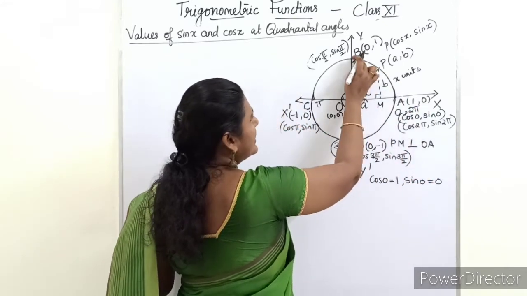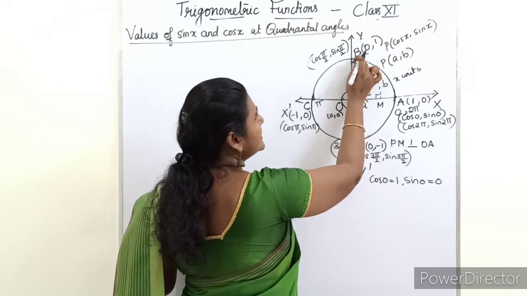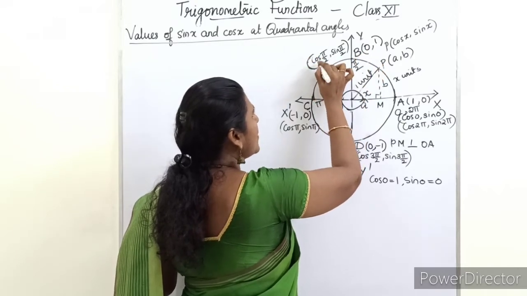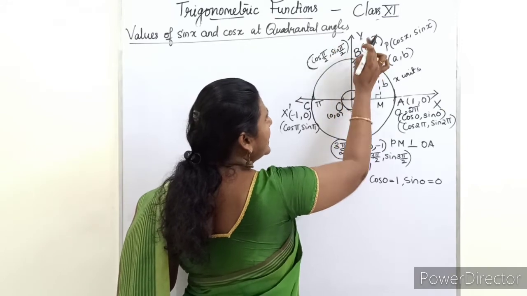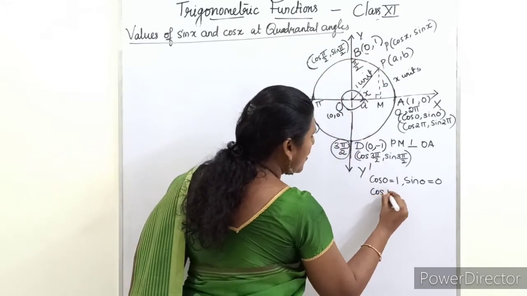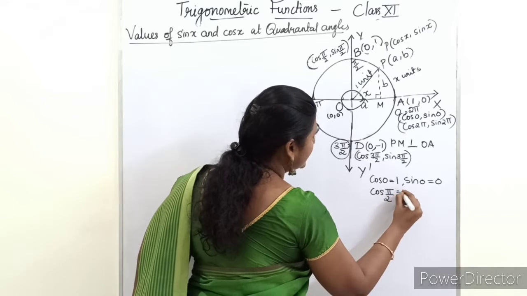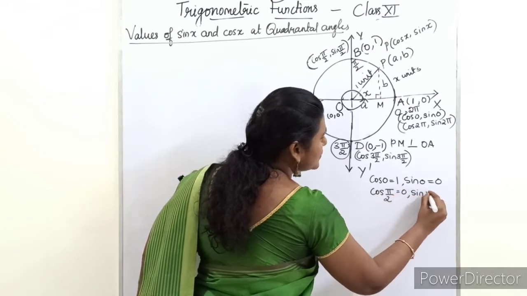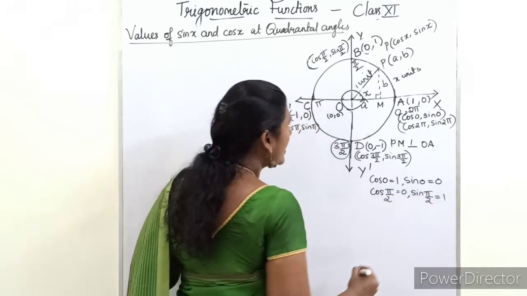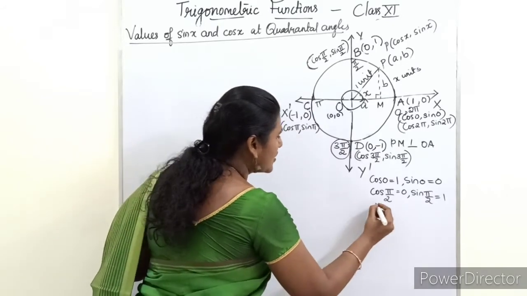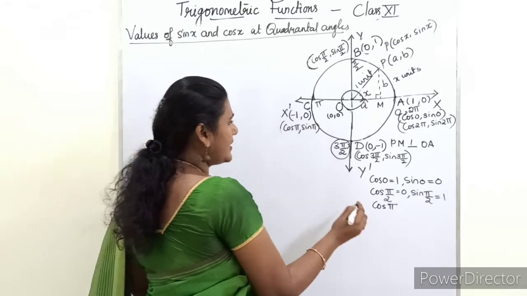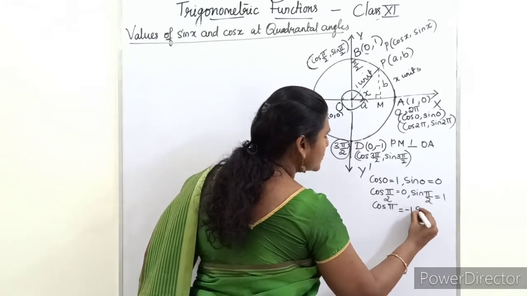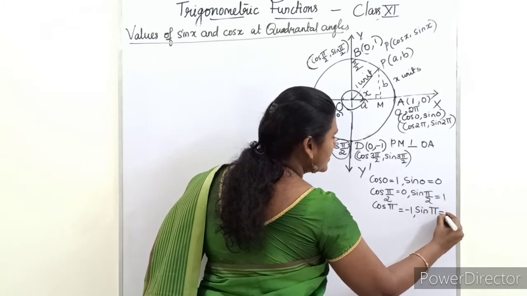Now we will move on to the next point B. At this point the coordinate is cos pi by 2, sin pi by 2. When you equate the x coordinate and y coordinate, cos pi by 2 is equal to 0, sin pi by 2 is equal to 1. Now at this point, comparing the x coordinate and y coordinate, cos pi is equal to minus 1, sin pi is equal to 0.